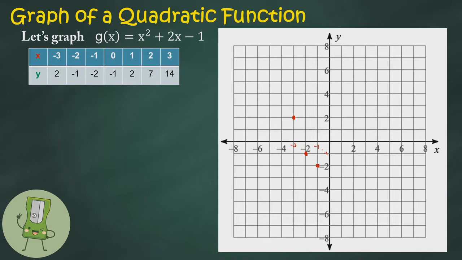And then we have 0, yung x, while y is -1. So, it's here. And then we have 1. So, 1 and 2. And then we have 2, 7. So, we will not do any more 3 kasi wala na tayong space.